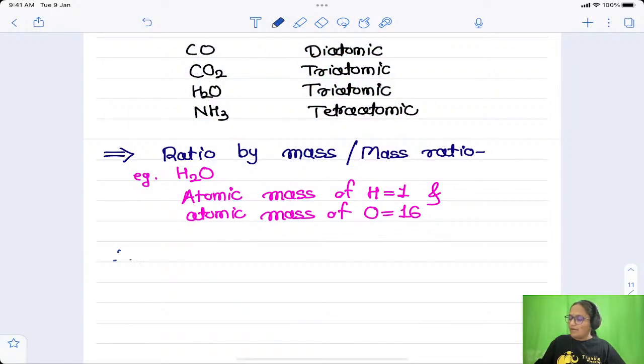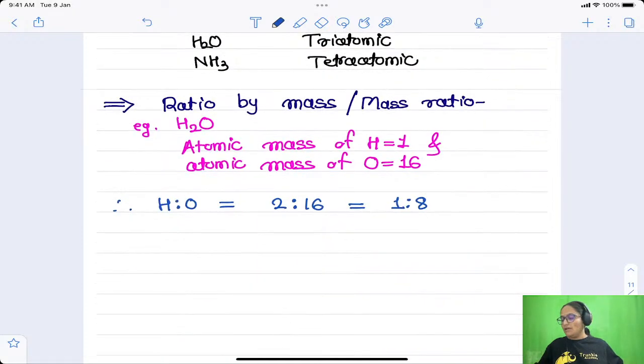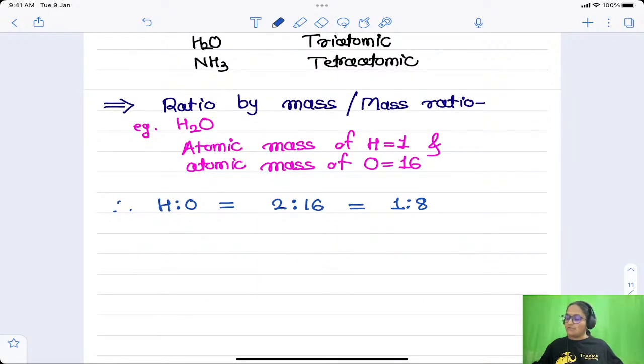Hydrogen to oxygen ratio will be equal to, there are 2 hydrogen atoms, so it is 2 to 16, right? Why have I taken 2? There are 2 hydrogen atoms. 2 to 16 can be simplified as 1 to 8. So what is the ratio by mass for water? It is 1 to 8.